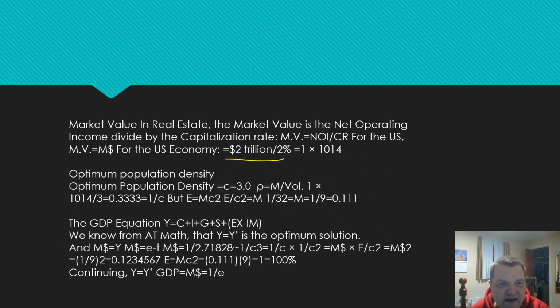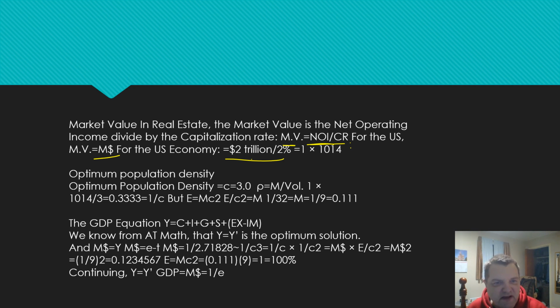In real estate, the market value is equal to the net operating income divided by the capitalization rate. For the U.S. economy, market value we'll say is equal to M dollars. For the U.S. economy, $2 trillion divided by 2% is equal to 1 times 10 to the 14th.